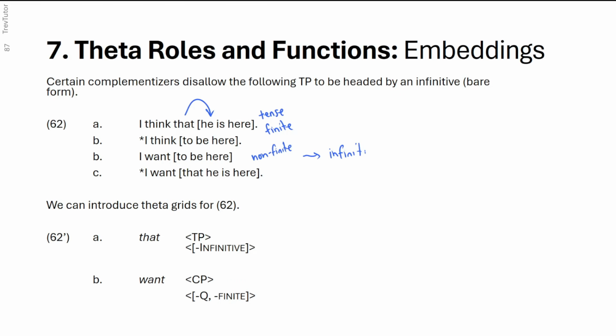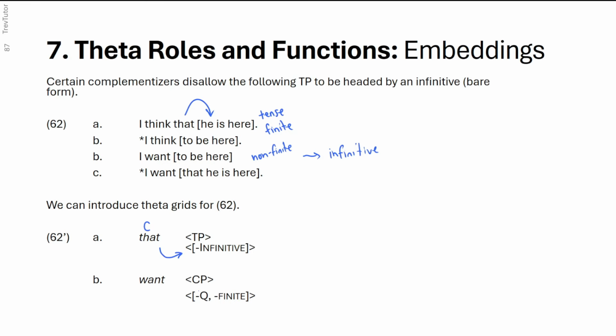So if we're asking ourselves what the complementizers want as far as the TP after it, or in the case of want, where it can't even take a complementizer afterwards, we can be specific about what we want. So that, I think that he is here, this is a complementizer, and it's very specifically selecting for a tense phrase that is not infinitive.